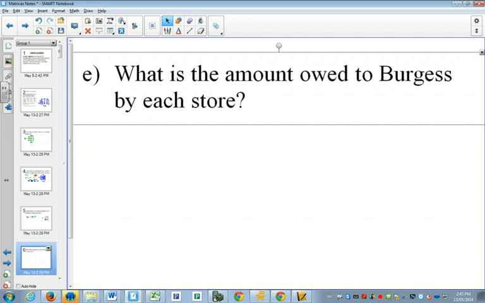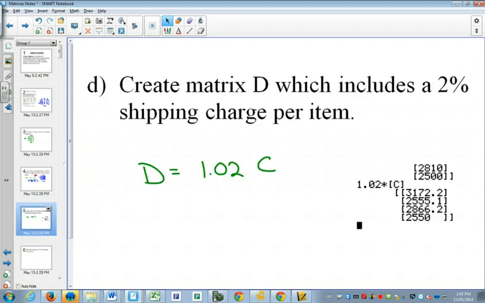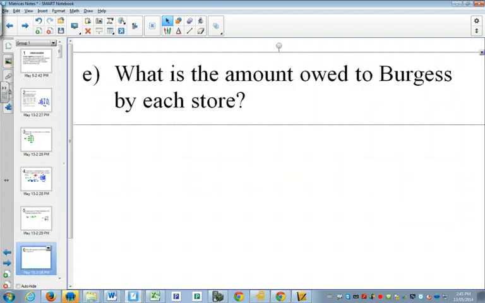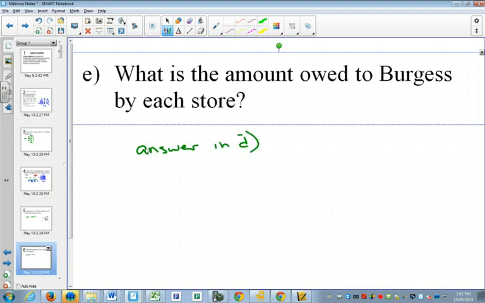Well, that's the name of the company. Well, did we not figure that out to be matrix D? Is that not what the total is in matrix D? We just have to write it out in here. Yeah, it's the same. We put the answer in D, right?